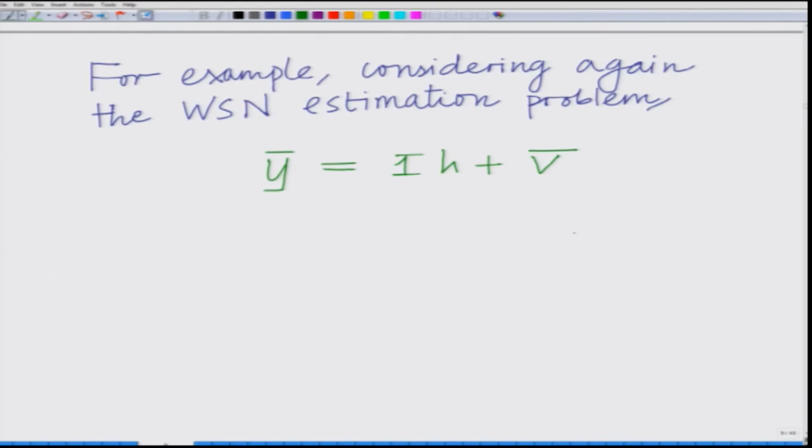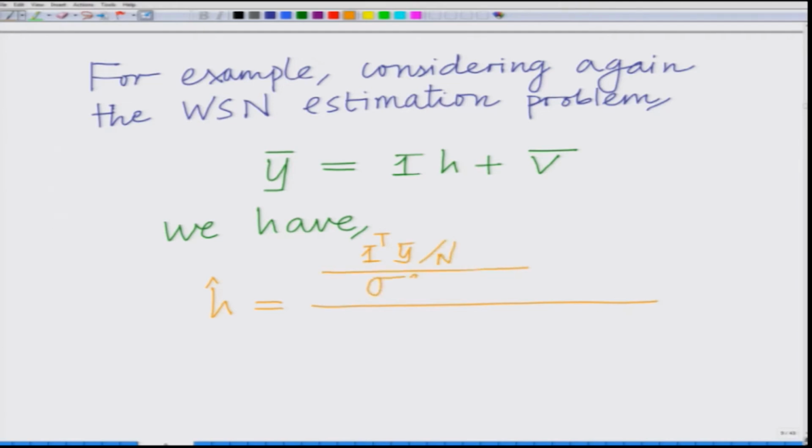Recall that the estimate h hat is 1 bar transpose y bar divided by n by sigma square, plus the prior mean mu h divided by sigma h square, all divided by 1 divided by sigma square by n plus 1 divided by sigma h square.